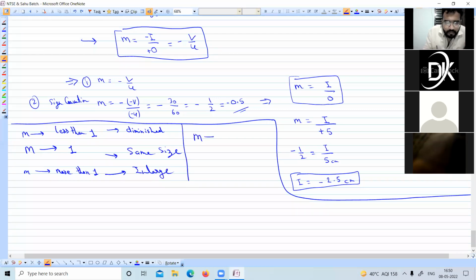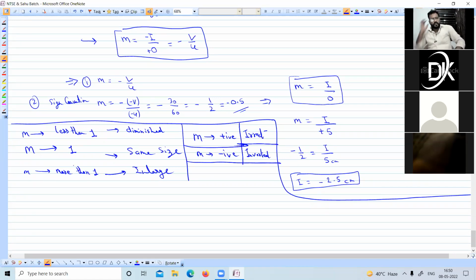Another thing: if magnification is positive, the image is erect; if magnification is negative, the image is inverted. I hope from seeing the magnification term only you can judge the things. Is it clear? So you all have to remember this. Have you all noted? Yes. Wonderful.